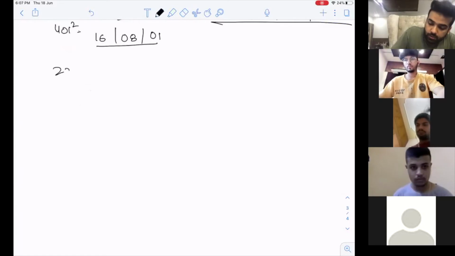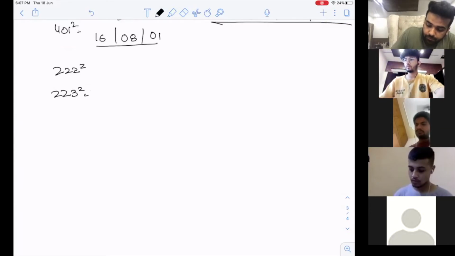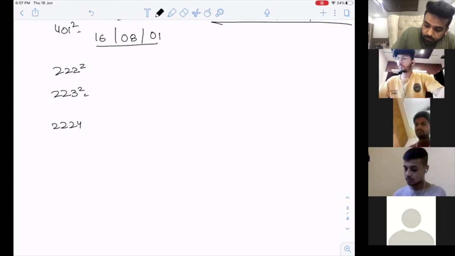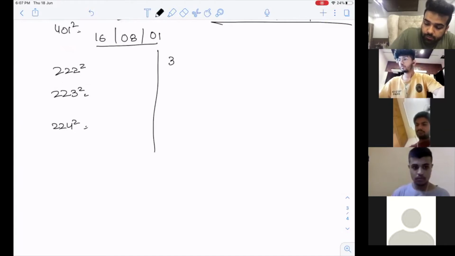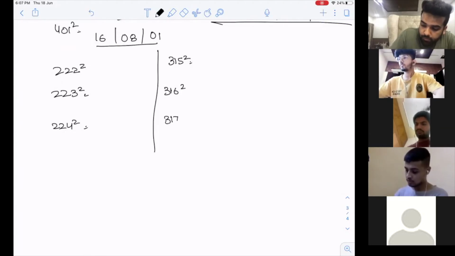Do these squares. Similarly, try these quickly.